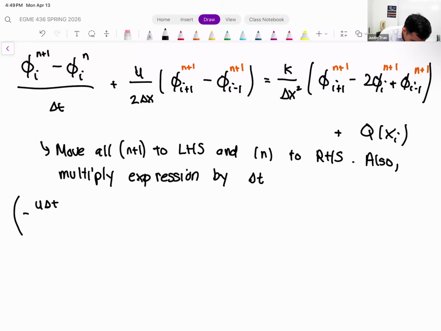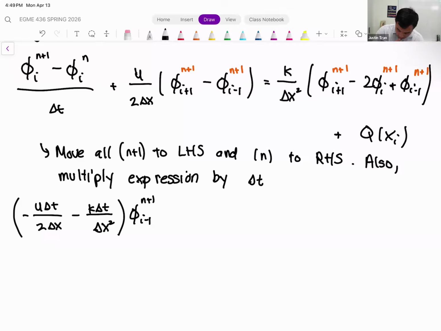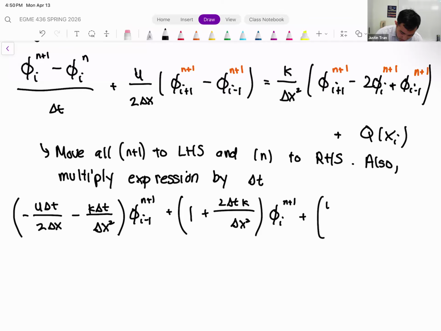This is minus u delta t divided by 2 delta x, minus k delta t divided by delta x squared, times phi i minus 1 at n plus 1, plus 1 plus 2 delta t times k divided by delta x squared, times phi i at n plus 1, plus u delta t divided by 2 delta x minus k delta t divided by delta x squared, times phi i plus 1 at n plus 1. So that's now our entire left-hand side of the equation.